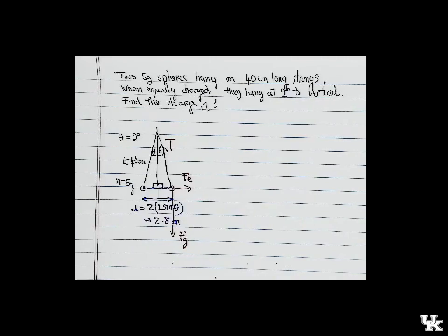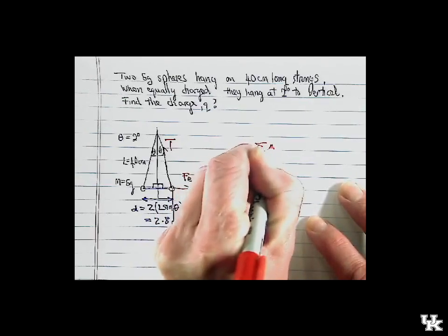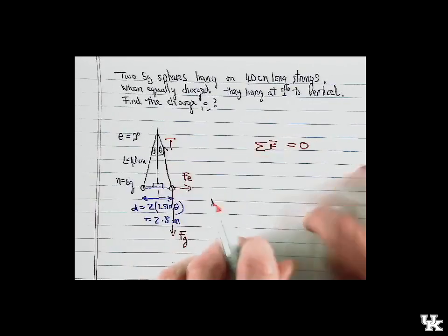In general, you can turn that concept, that idea, into a basic equation, a core equation that you can then further develop to solve the problem. In this particular case, the core equation is that the sum of the forces is 0.